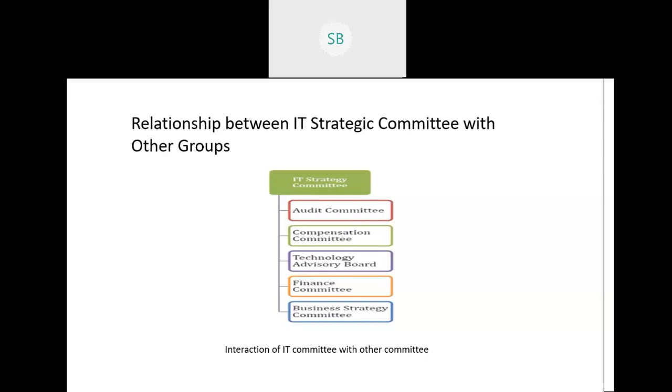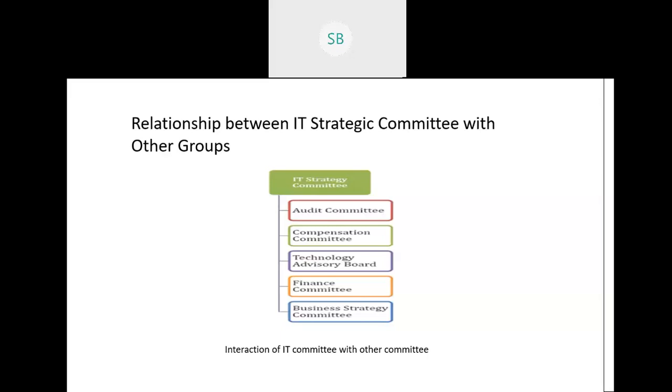The audit committee gives inputs on whether any risk is involved when you apply a certain plan. Then next is the compensation committee. Compensation is basically the human resource committee, managing the resources, that is the people in the organization.